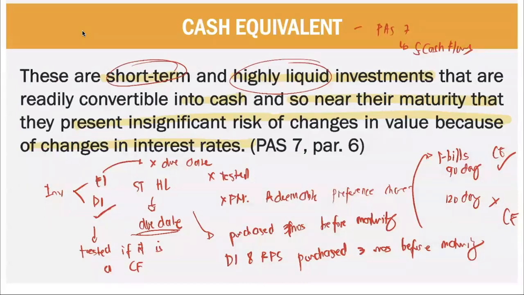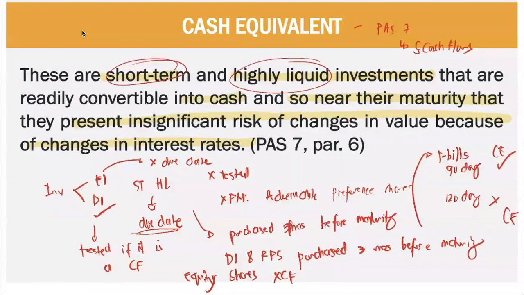Another, if you purchase equity shares, cash equivalent? Not cash equivalent. Why? We said an equity investment, which is an equity share, is not tested because it does not have a due date, unless that is a redeemable preference share.